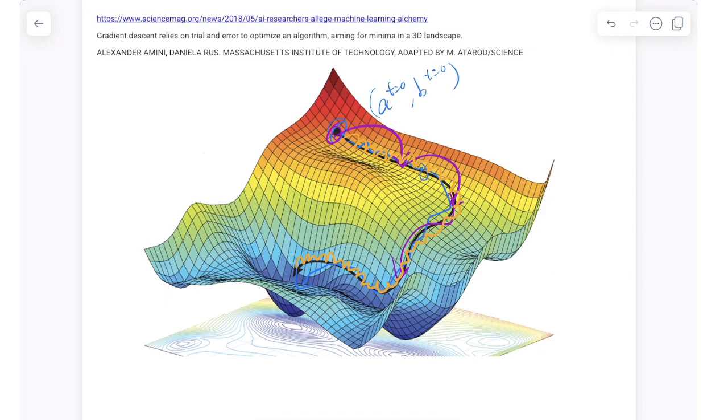Okay, but sometimes this MSE function looks a little bit weird. Sometimes it has several different basins, and that is the local minima, and that is the global minima. If you choose a larger gamma, it may help you jump out of a local minima basin.